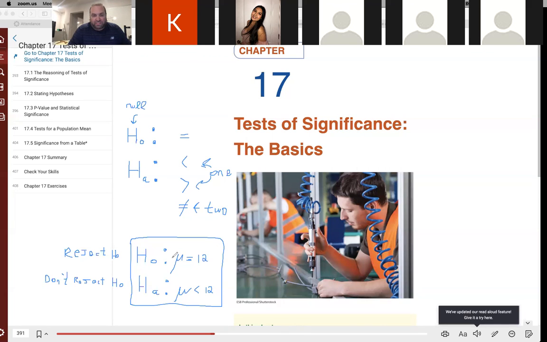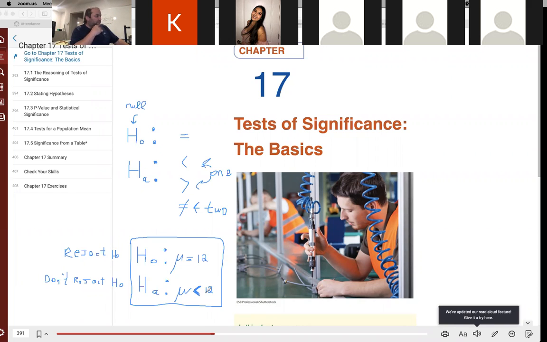So what will make us decide to reject the null hypothesis? Well, I'll take a sample. And if my sample has an average that's less than 12, does that mean automatically that I would like to reject the null hypothesis? Would that be your conclusion?